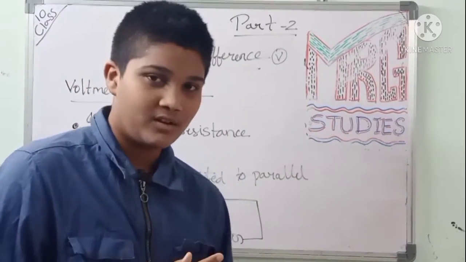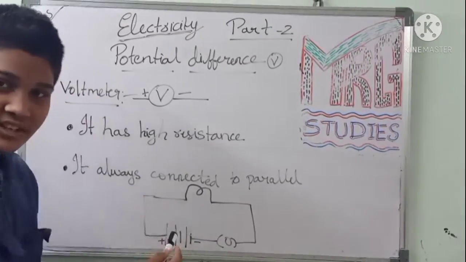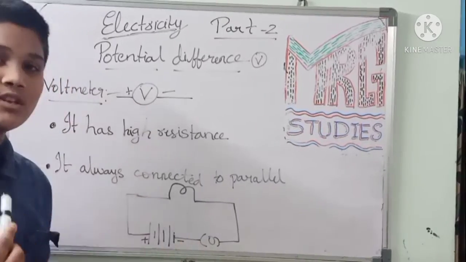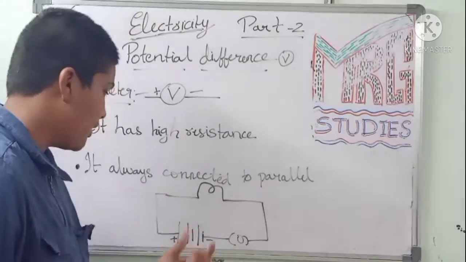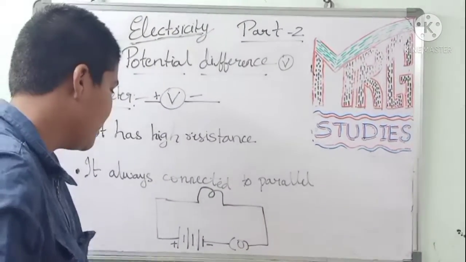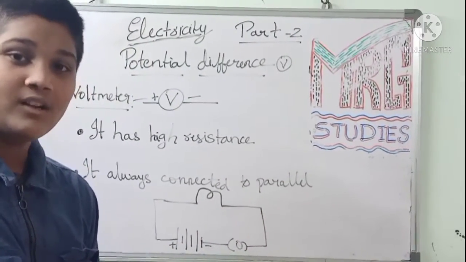I will tell you how to connect it in parallel in an electric circuit. This is an electric circuit: this is the bulb, this is the battery, and this is a switch. If we turn on the switch, the bulb will glow. So we will keep the voltmeter parallel to the bulb.